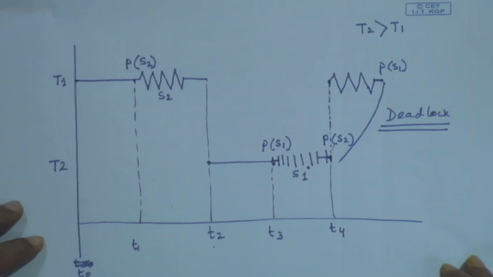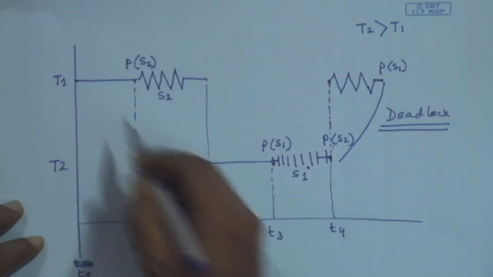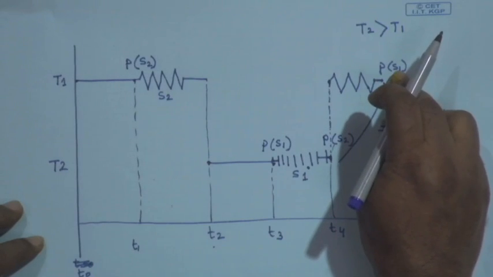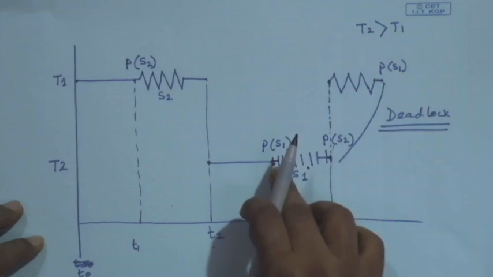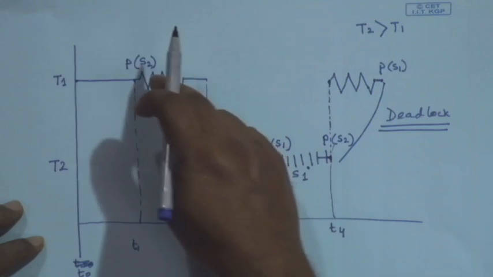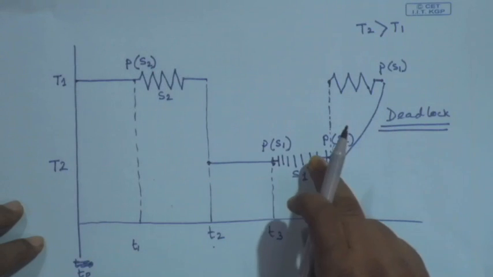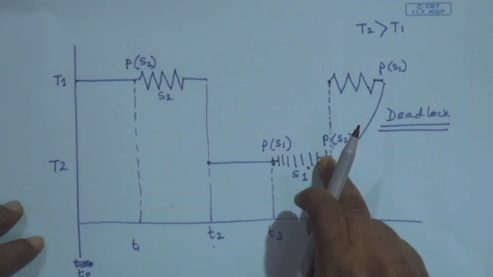Who is using S1? T1 as well as T2, both of them. And who is using S2? T1 and T2 both. Therefore, according to our definition of priority ceiling, the priority ceiling of S1 and S2 will be both the same, equal to that of T2.